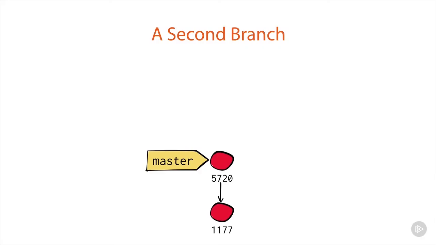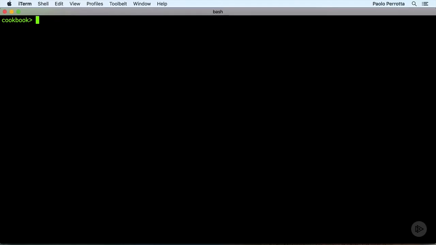So this is what we have now, 2 commits, 2 branches, and the branches are pointing at the same commit. Now that we have two branches, if we look at the list of branches again, we see that one branch is marked with an asterisk because it's the current branch. What does that mean concretely?